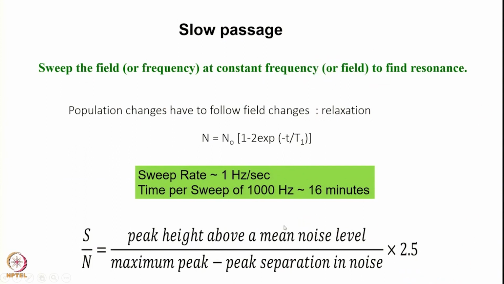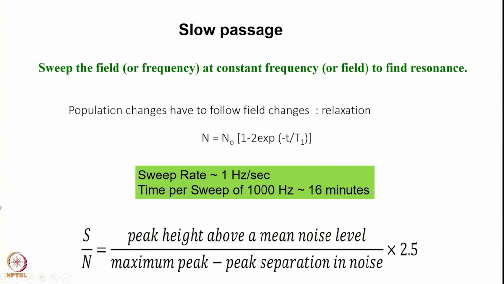Because as you change the field, you match the frequency of resonance for a particular nucleus one at a time. If you keep the field constant, then you will have to keep changing the frequency. As you scan through it, you will match the resonance condition at some time, and you will observe the signal.